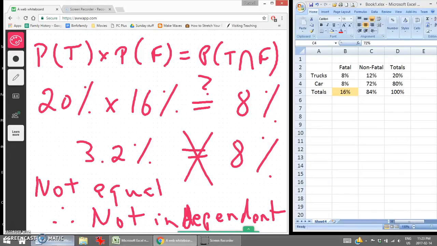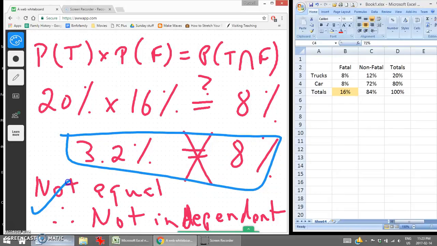That's what this data shows: the result of an accident, either fatality or non-fatality, is dependent on the type of vehicle you are driving. You could do this test with car versus non-fatality, or car and fatal, and you won't get the same values we got here, but you will get the same final decision: because they're not equal, they're not independent.